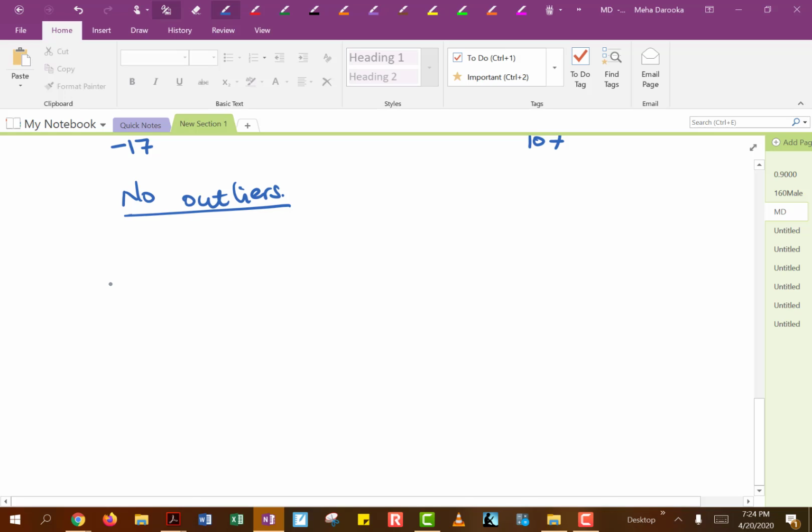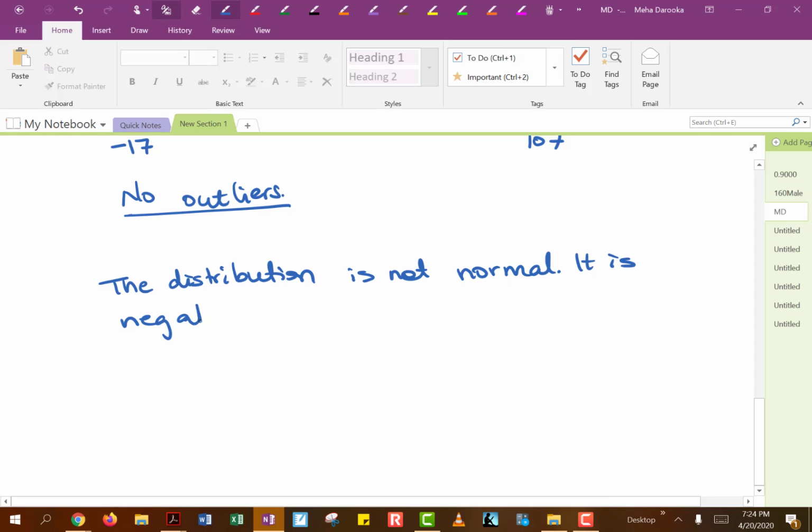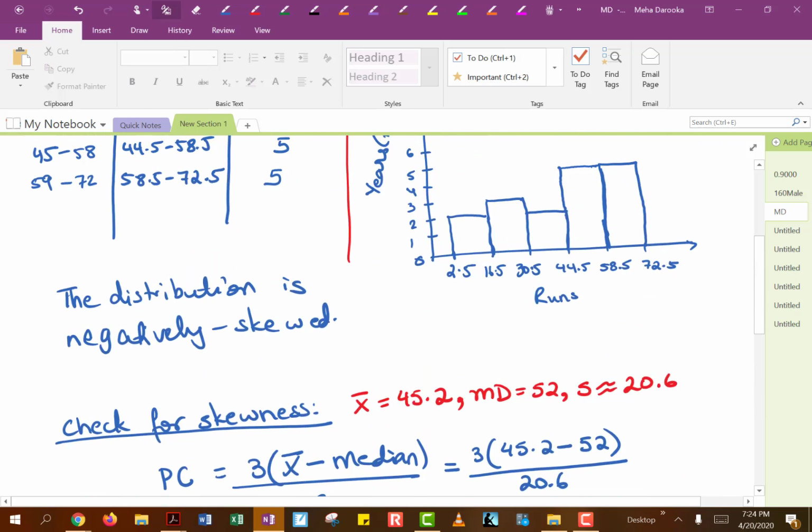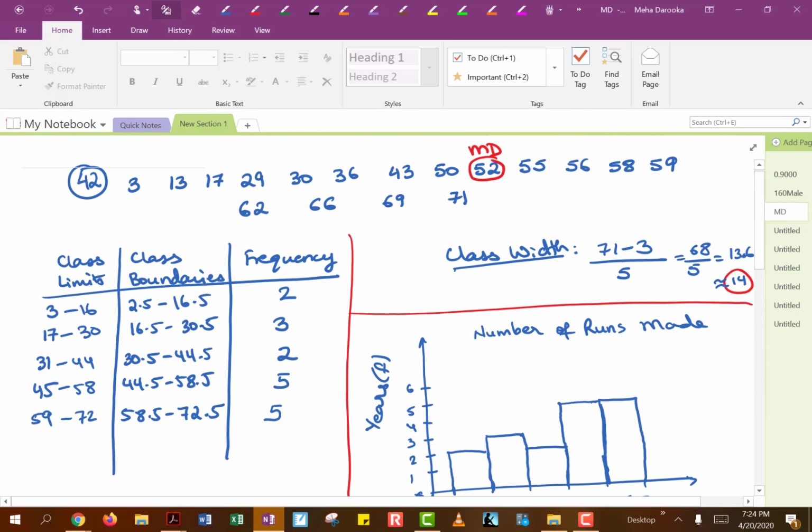So in this case, we would say the distribution is not normal. It is negatively skewed. Okay, so hopefully this shows you the steps involved in trying to check for normality.